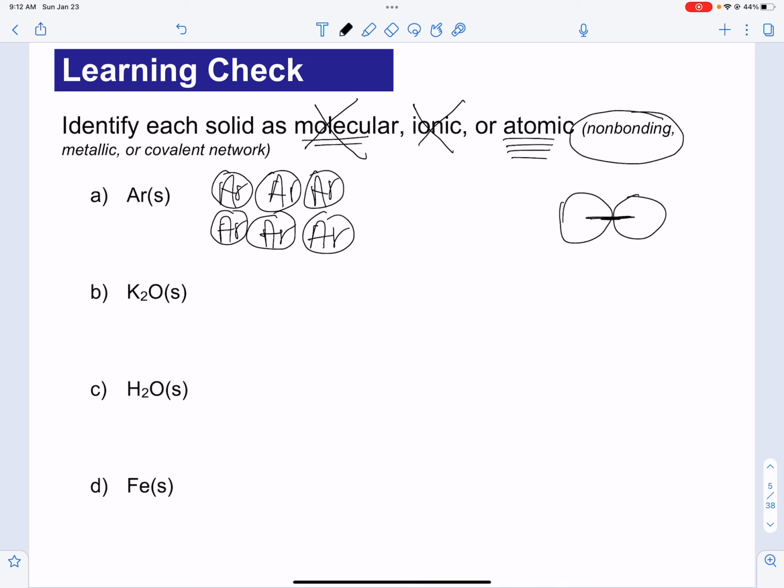If you put a lot of pressure, then you can make it into a solid. The higher the pressure, the more the possibility of being a solid. So this would be a non-bonding atomic solid. So that's what we would have in that case.